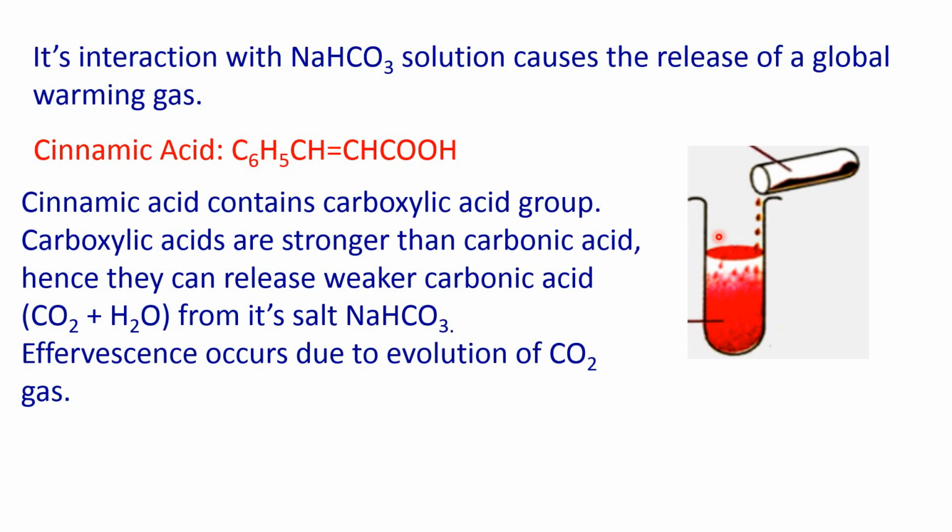Why? Because we know that in cinnamic acid, the carboxylic acid group is there, and carboxylic acids are stronger than carbonic acid. A stronger acid can release the weaker acid from its salt. Sodium bicarbonate is the salt of carbonic acid.